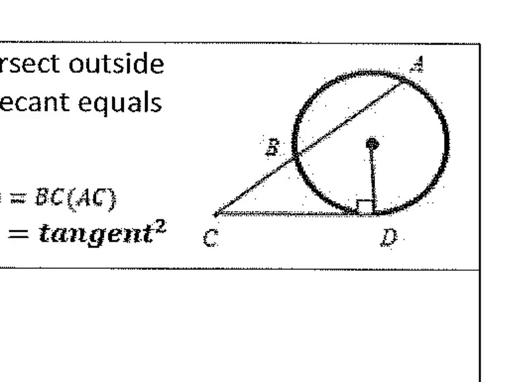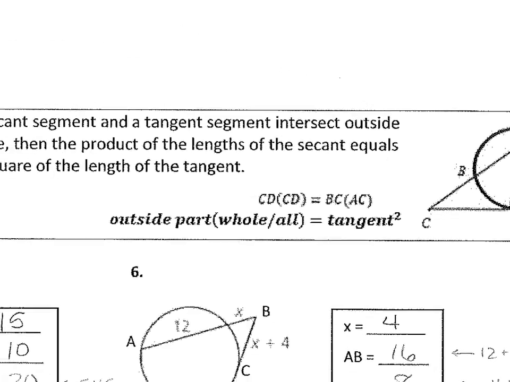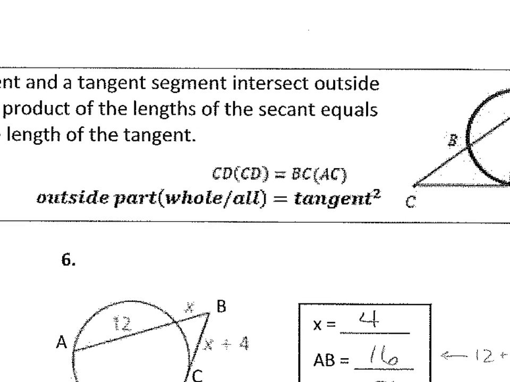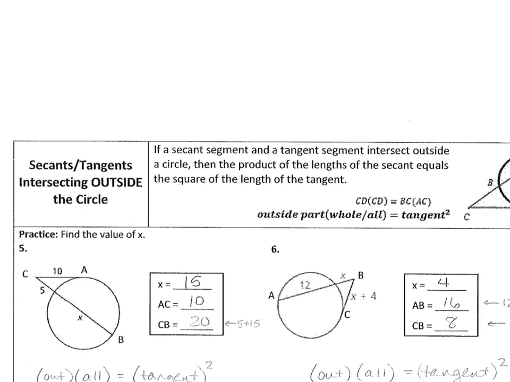So this is going to feel different. Because it's a tangent line, we actually have to use a different formula. It's really the same formula, just doubling one of the segments, but we're going to treat it like it's a separate idea. When we have a tangent line outside the circle, okay, technically we can use the same idea for secants, but we're going to call it for tangent lines outside the circles.